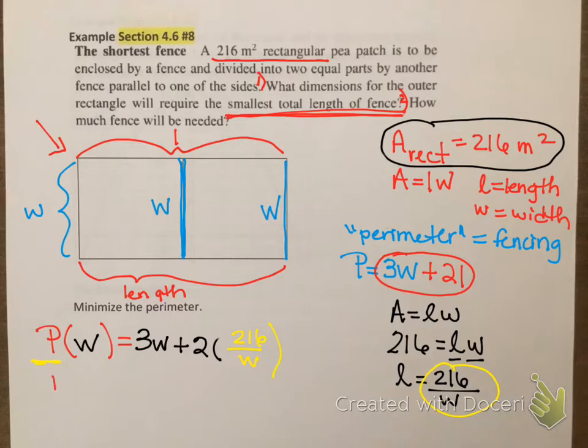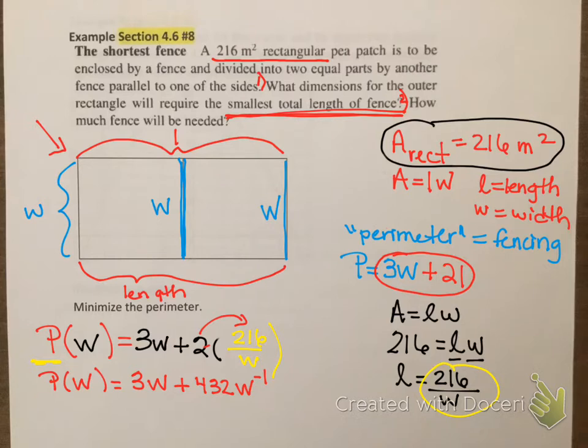So let's simplify this function. This would be 3W plus, distribute here, and I would get 432, but instead of over W, I'm going to write this as W to the negative 1 because I want to be able to take the derivative.